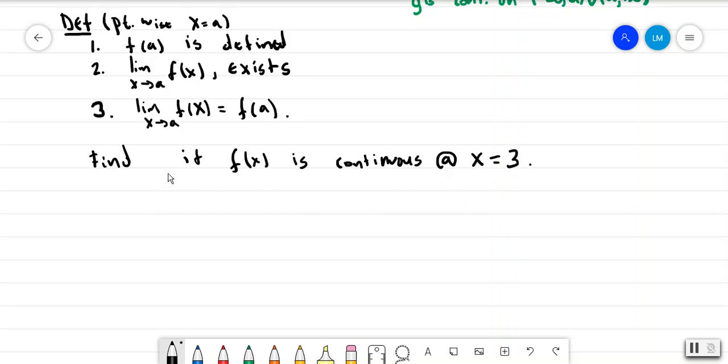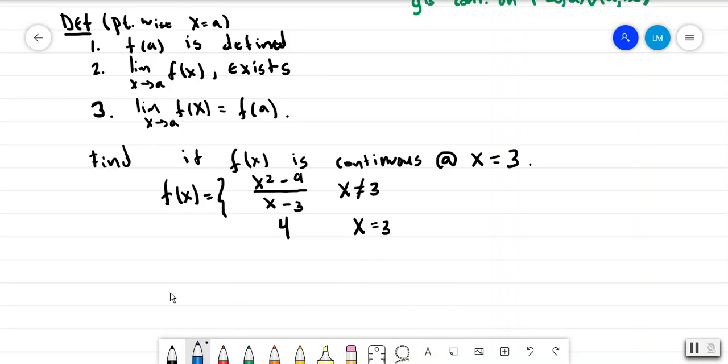We'll define f of x in the following way: f of x equals x squared minus 9 divided by x minus 3, for when x cannot equal 3. But here at x equals 3, it is defined as 4.